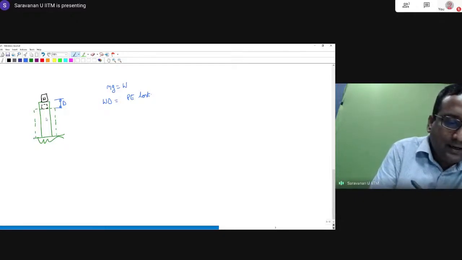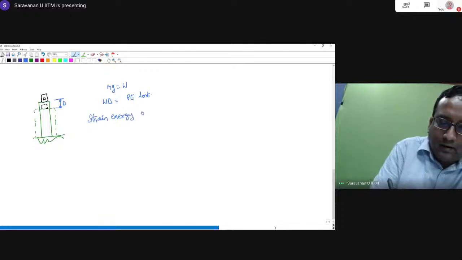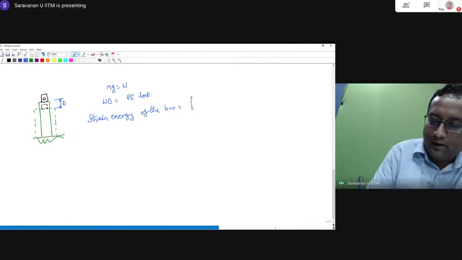And what is the strain energy of the bar? The strain energy of the bar would be the integral of E epsilon d epsilon from 0 to epsilon.